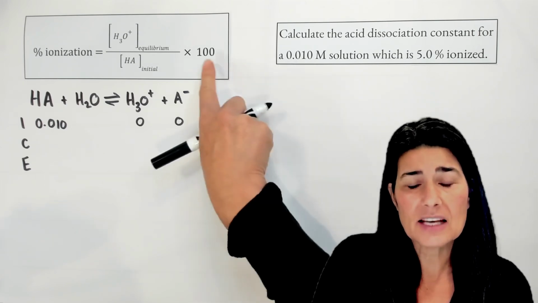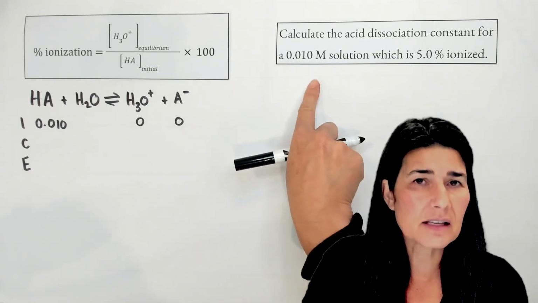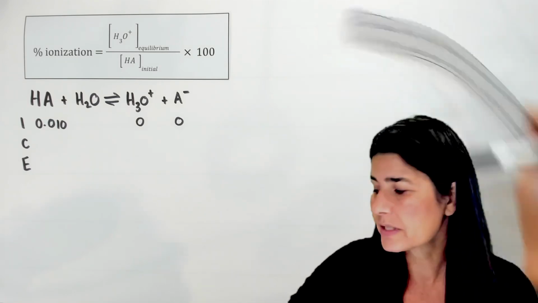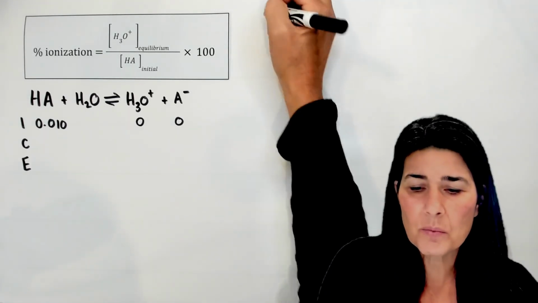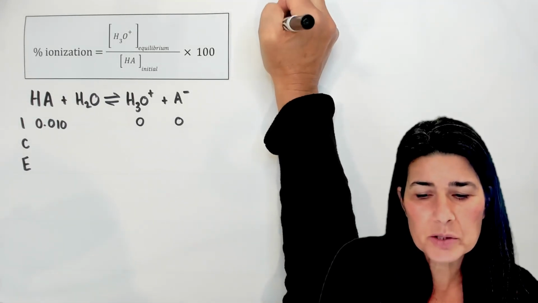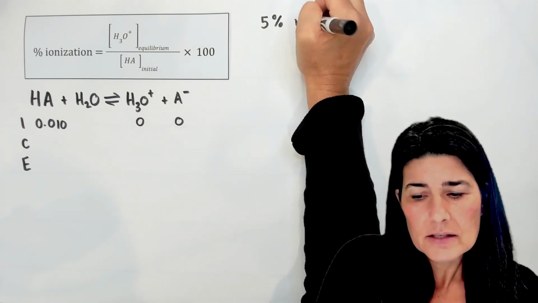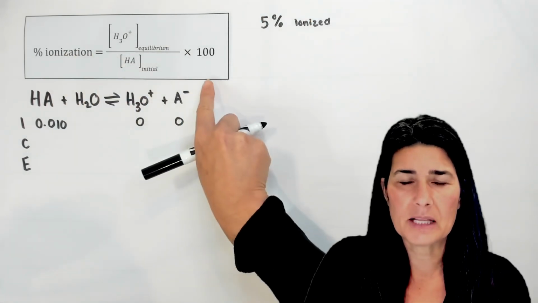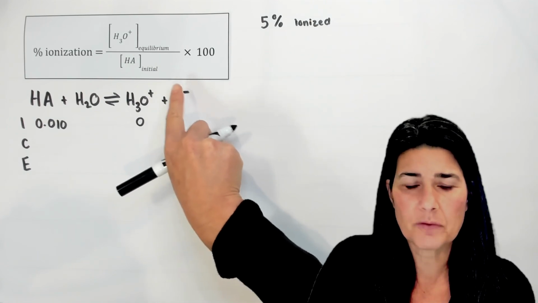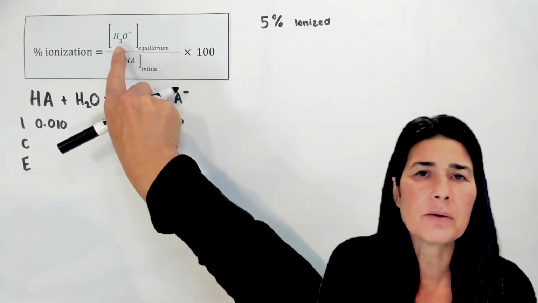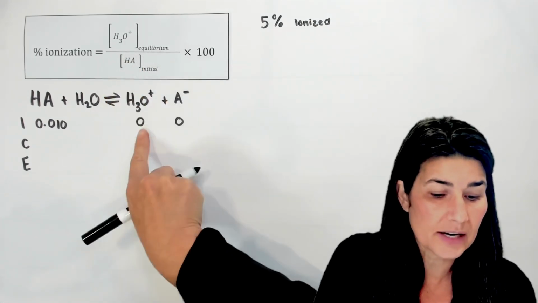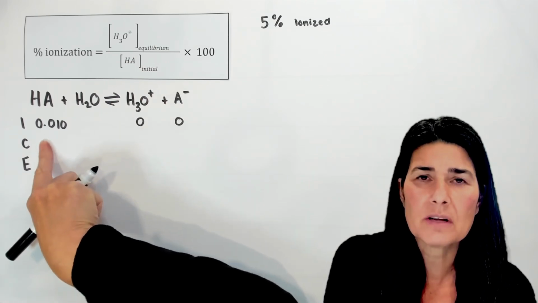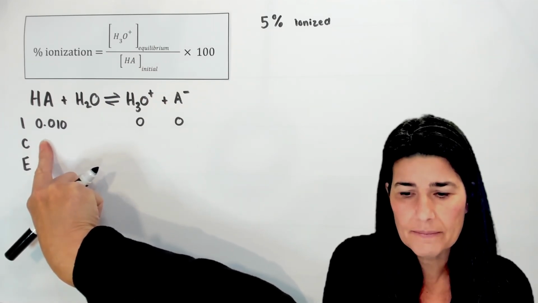So let's use this formula to calculate exactly what we're taking away. We know that we are 5% ionized. So if we look at that ionization formula, I'm going to rearrange it to solve for the amount of H3O+ that we generate, which is also equal to the amount of HA that we take away.